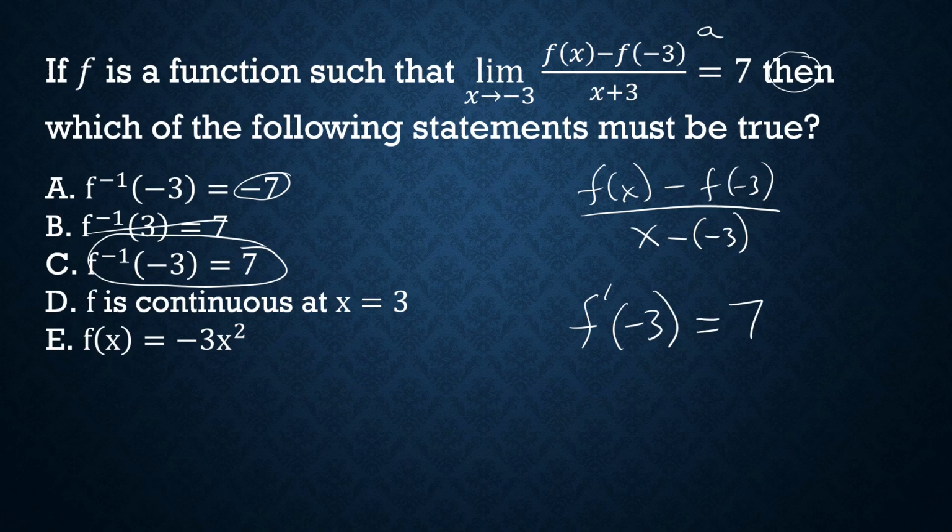So the next one says f is continuous at x equals 3, and really we don't know. We know at negative 3 it is because it has a value, but we don't know at positive 3. And E says f of x is equal to negative 3x squared, and they didn't give us the function, so we really have no idea what f of x will equal. So C would be the correct answer here.